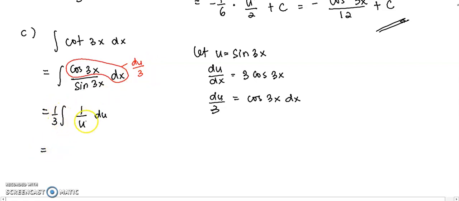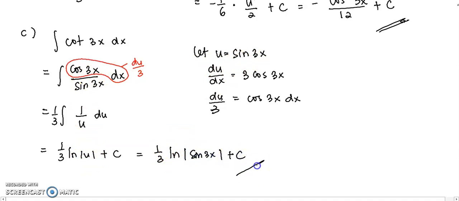I have 1 over 3, integrate 1 over u with respect to u. Integrating 1 over u with respect to u, you have log u plus constant c. Finally, we substitute back u as sine 3x, which means you have 1 over 3 log sine 3x plus c.